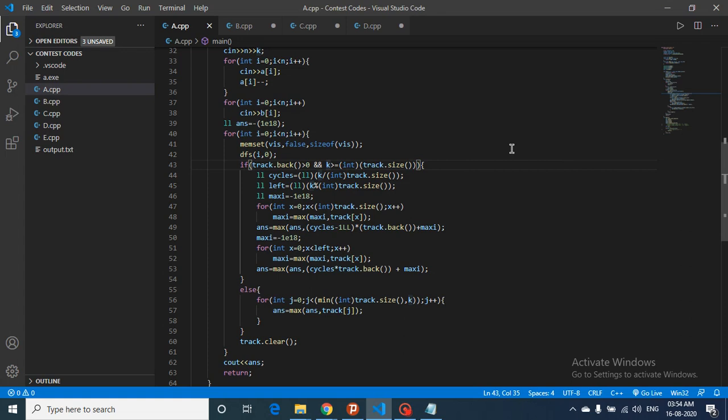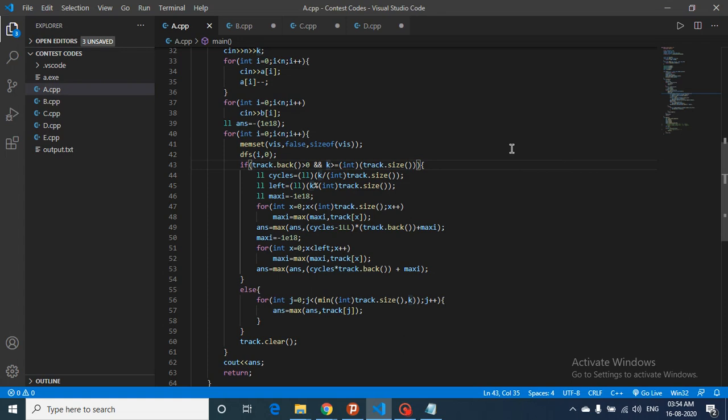If both of these conditions are true, which means I have at least one cycle and the last point is greater than 0, then iterating over the whole cycle will have some benefit for us, because the total increment by the whole cycle is positive. Then it is beneficial to iterate over the whole cycle.